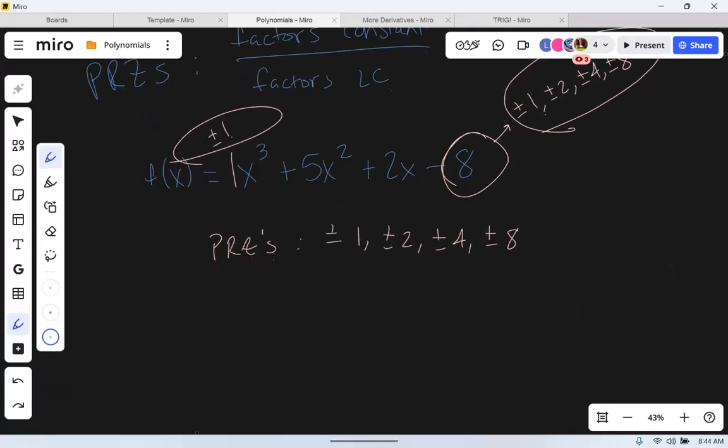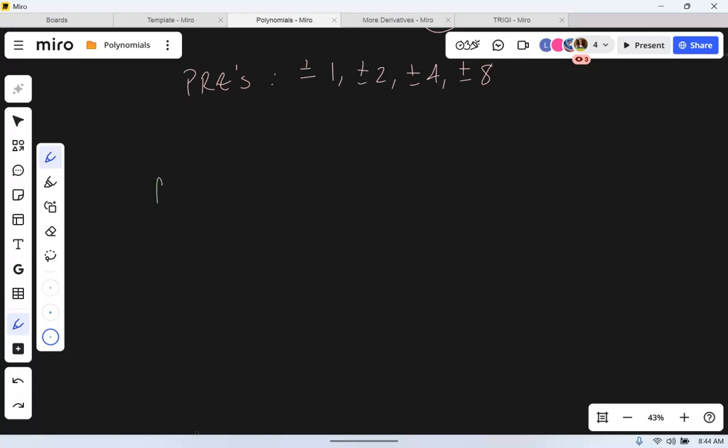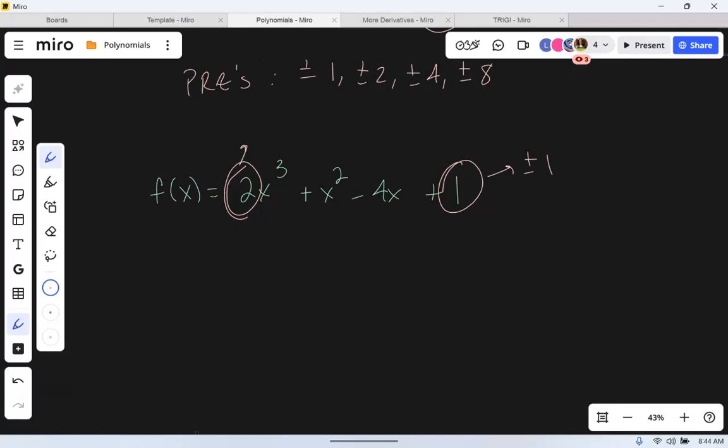So look at the second one there. 2x cubed plus x squared minus 4x plus 1. What's the constant? 1. What are the factors of 1? Leading coefficient. Factors of 2.